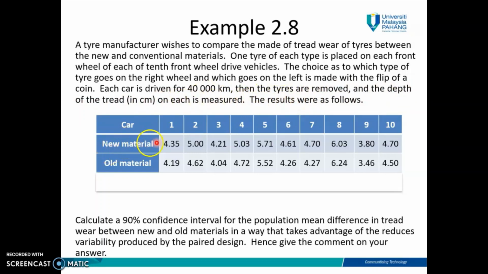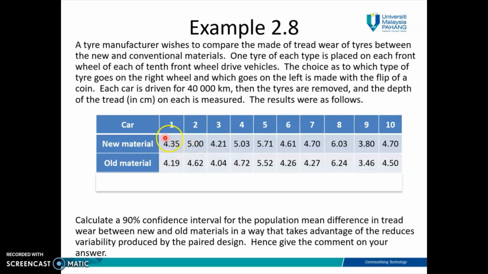So you see here, there are two data collections. One data collection from the new material tire from each car, and another data collection is measured from the old material tire from all the 10 cars. So class, remember there are 10 cars and each car has the new and old material.